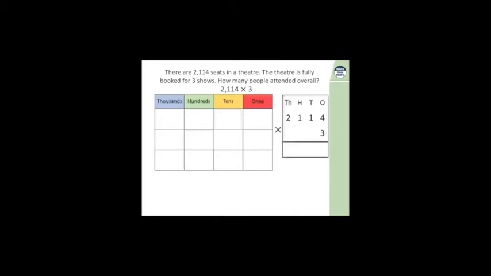We need to find 3 groups of 2,114. 1 group, 2 groups, 3 groups. And now we have 3 groups of 4.